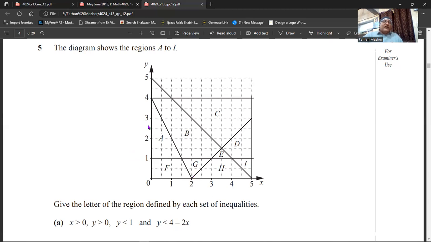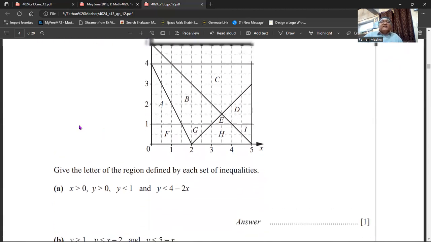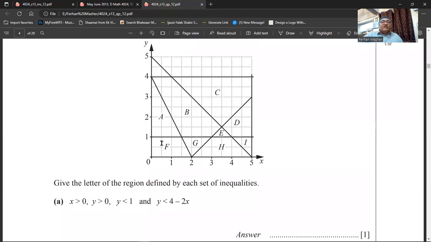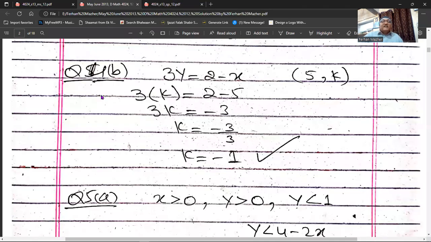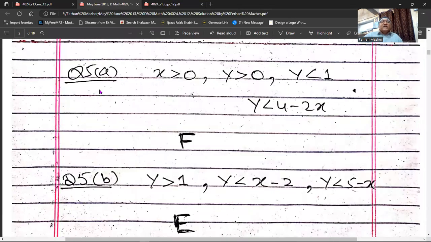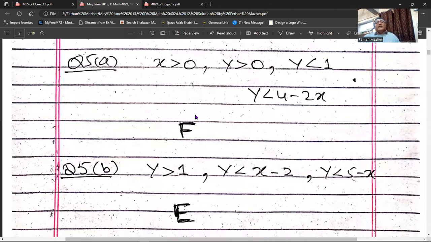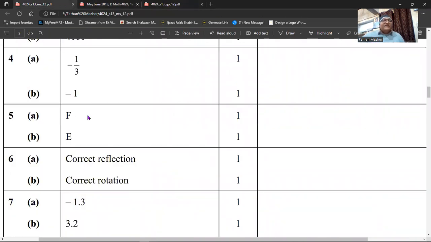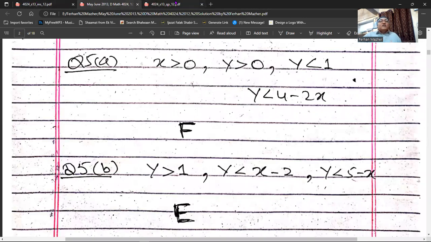So you have to remain on the right side of this line, above this line, below this line, and below this line. So the area will be region F. Region F is defined by these inequalities. I hope you understand. F is the right answer, sir.